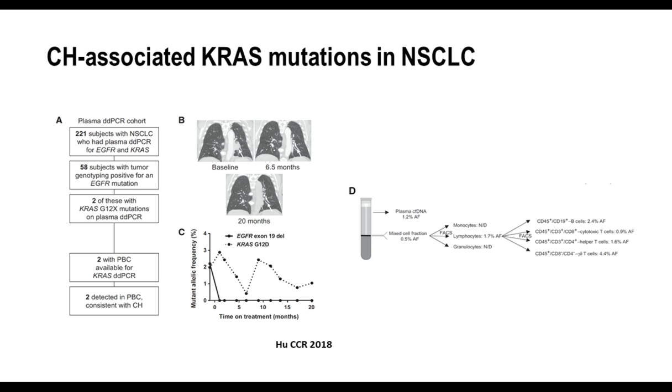They tested the DNA isolated from peripheral blood cells, and they found that in both cases, the mutation was present in this DNA. So basically, these mutations were associated with clonal hematopoiesis. As shown here, the dynamic of this mutation is quite different as compared with the dynamic of the EGFR mutation in these individuals who received an EGFR receptor tyrosine kinase inhibitor.